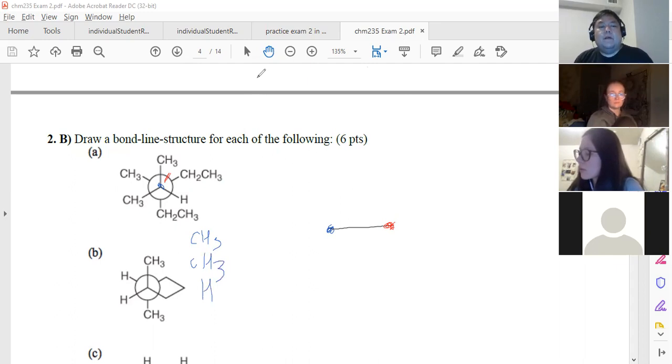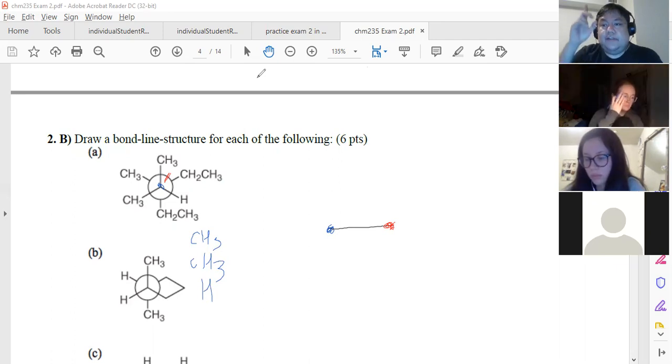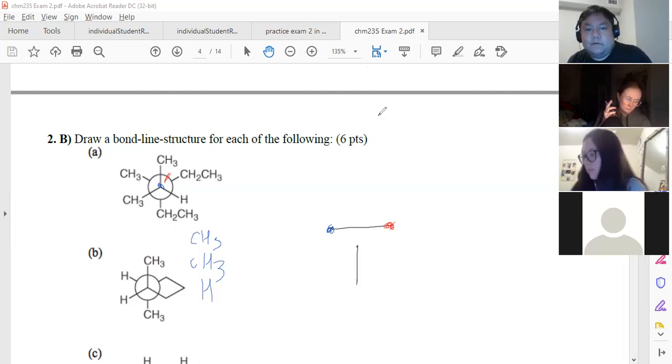And hydrogen. So if I'm looking at it straight down, which one of those is in plane with my bond? The CH3 going straight up, the CH3 going to the left, or the hydrogen going to the right? Which of those is in plane with the bond that I just drew right here?